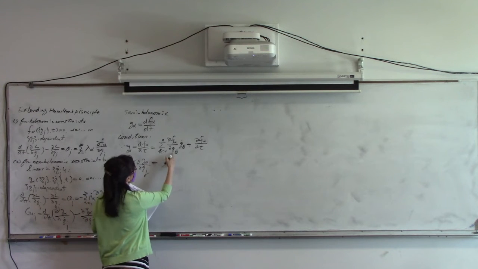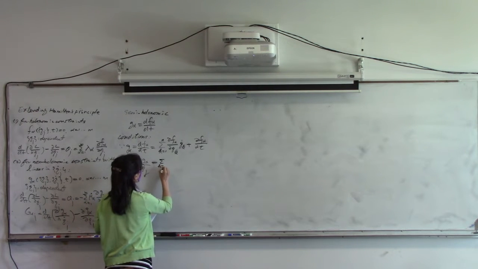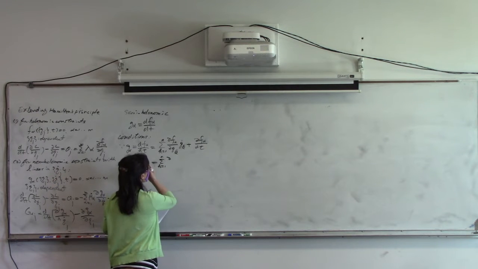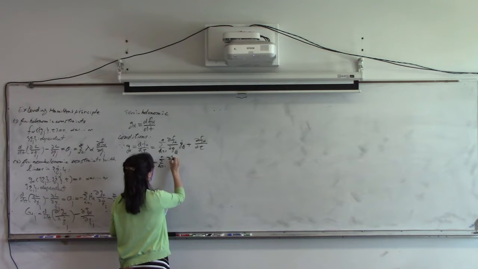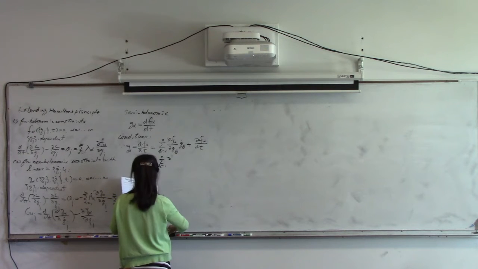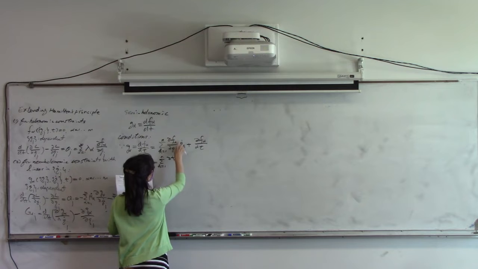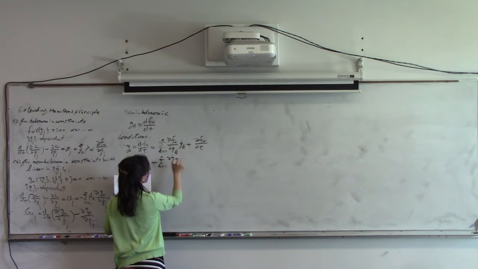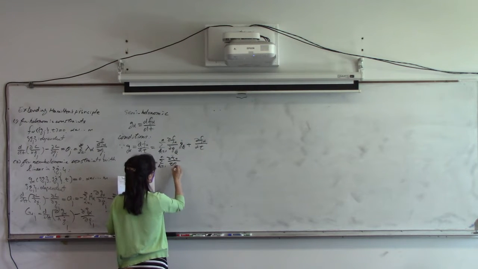So G alpha is here, then we have a sum over k from 1 in the partial. Because this function does not depend on the generalized velocity, we keep it here.